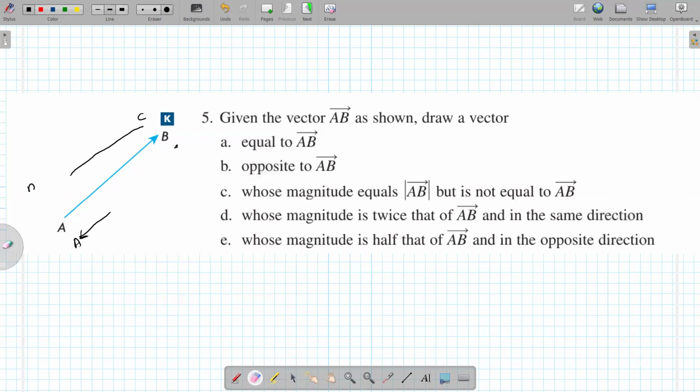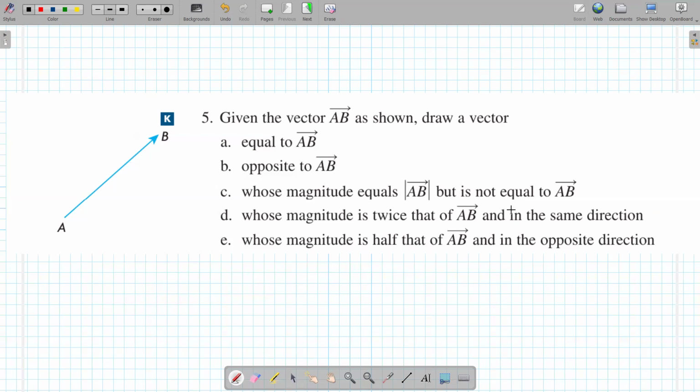Part C, whose magnitude equals AB, but is not equal to AB. What do we do in part C? It can't be the same direction.